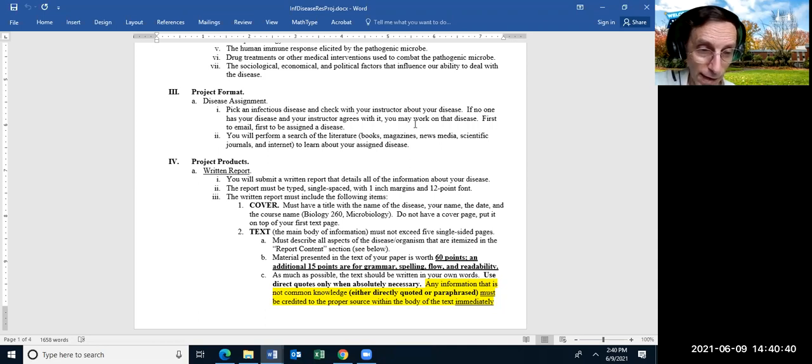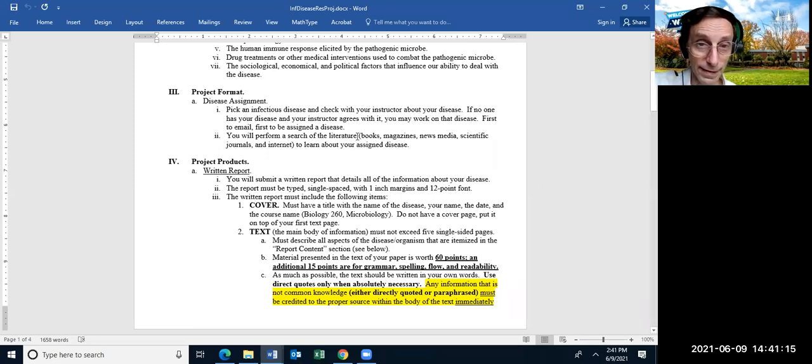And I will allow that because we're a very large class and there's obviously more than 40 infectious diseases, but there's at least 40 students, maybe more. I've decided that I will allow 2 people to work on the same disease as long as they choose different aspects of that disease. Any question about that? Okay?